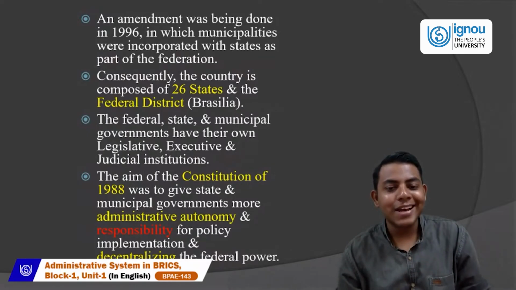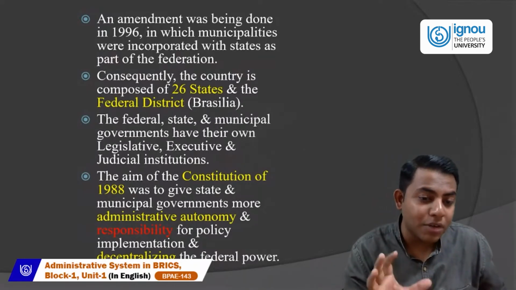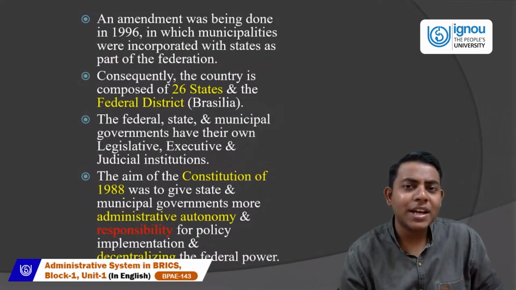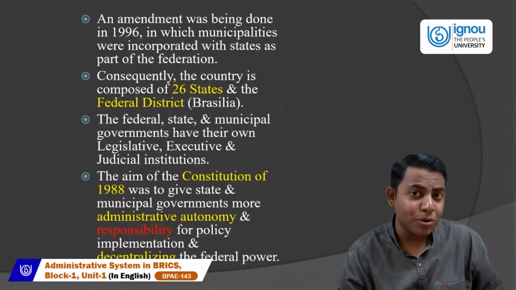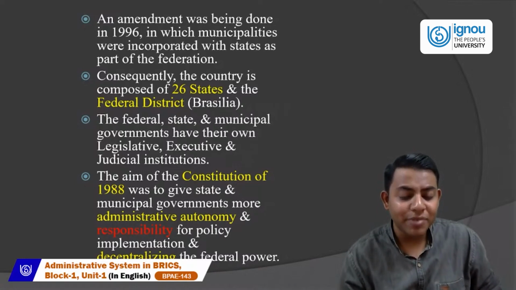The federal, state, and municipal governments in Brazil have their own legislative, executive, and judicial institutions. The aim of the 1988 Constitution was to give state and municipal governments more administrative autonomy and also responsibility for policy implementation, decentralizing the federal power.